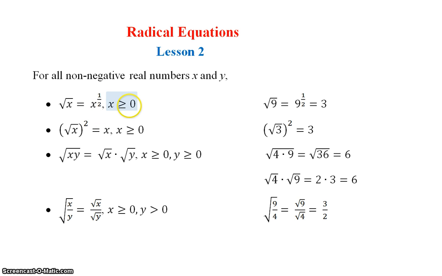X is a non-negative real number because x stands under the square root sign. Example: square root of 9 in exponential form would be 9 to the power 1 over 2. Both these arithmetic expressions equal 3.